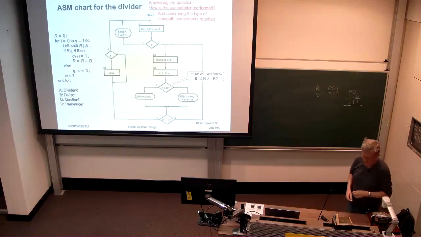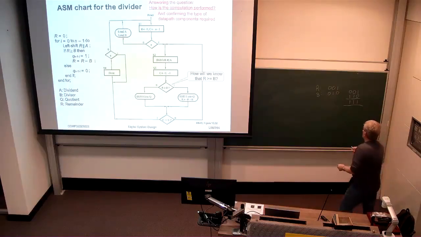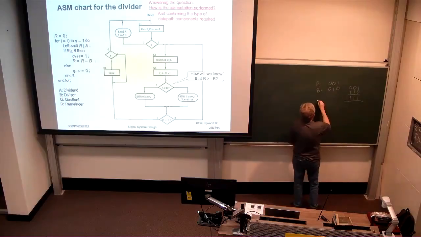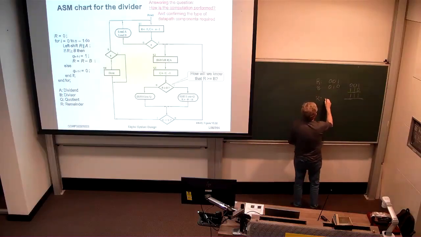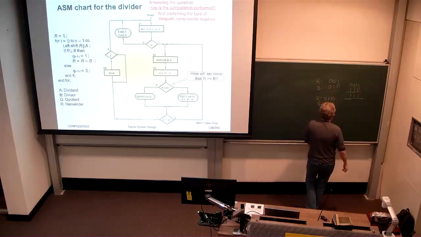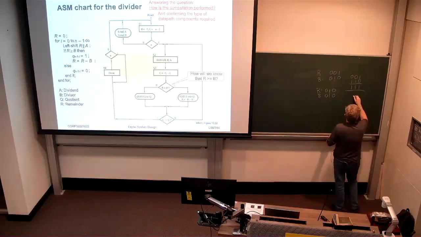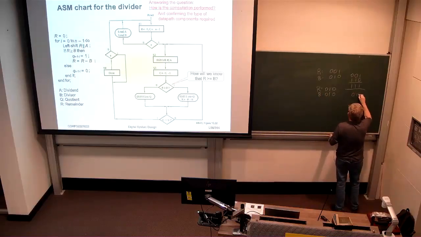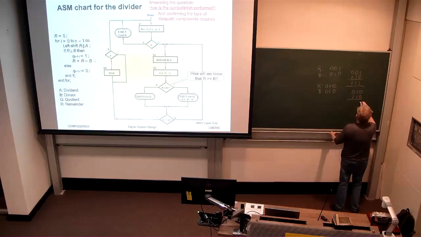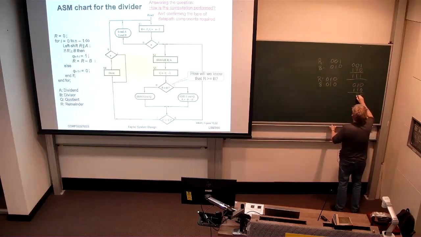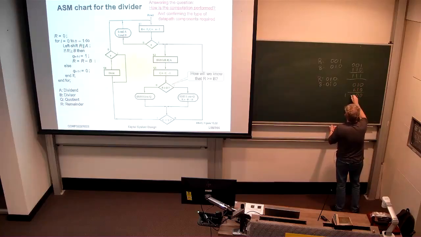Okay. What if R is equal to B? Well, then I'm going to have 0, 1, 0 and 0, 1, 1, right? I'm going to have a 1 carried in here and a 1 carried out.